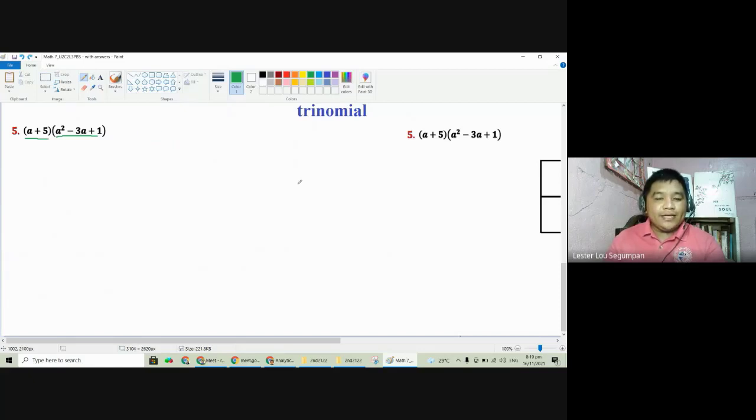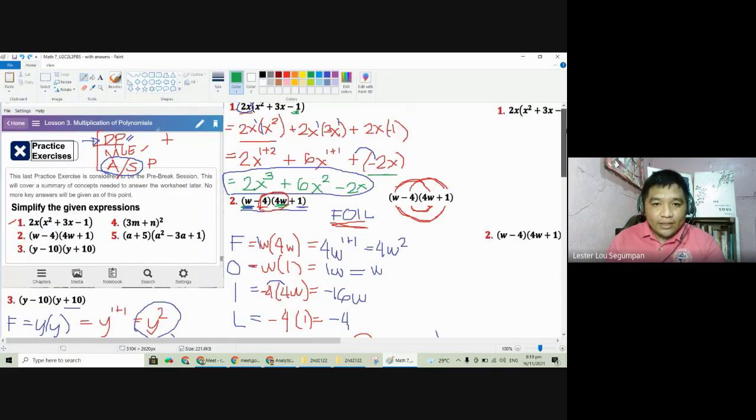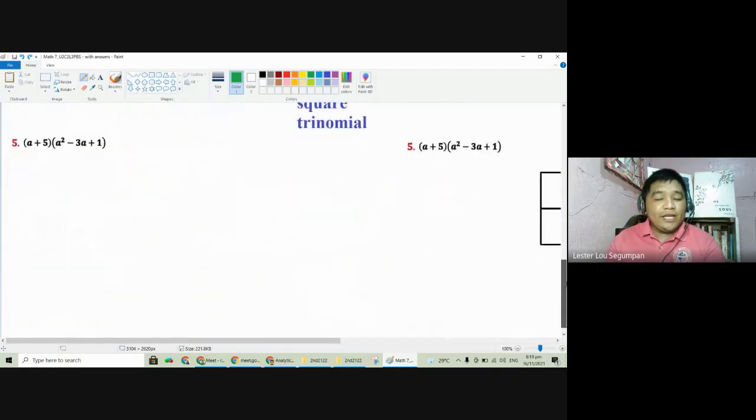What we could use here is to go back to the first process we originally used in number 1, which is also the foundation for the FOIL method, and that is actually the distributive property. And how do we do that, sir? First, let's consider the first term. Distribute this to all the terms in the trinomial and separate the products by addition.